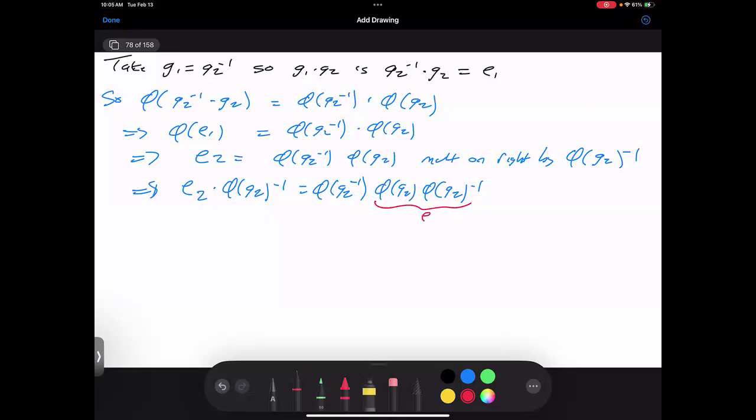So this is just going to be E2, and so we get that phi of G2 inverse equals phi... did I move things the wrong way? No, phi of G2 inverse. So the question is, where is the inverse? On the left-hand side, it's the quantity phi of G2, inverse.